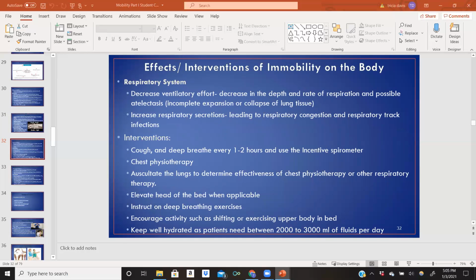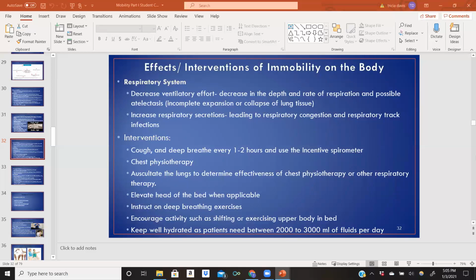So what effects does immobility have on the respiratory system? Well, it decreases your ventilatory effort, a decrease in the depth and the rate of respiration, and possibly causes atelectasis. So that's the incomplete expansion or the collapse of that lung tissue, all those little alveoli in there.